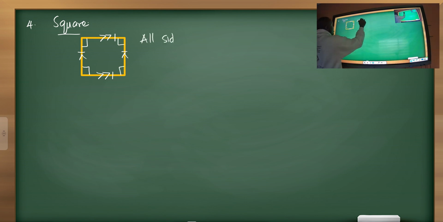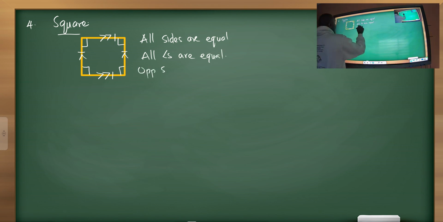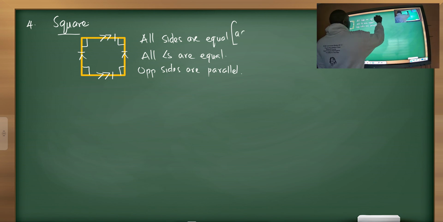So all sides are equal. All angles are also equal. All right. And don't forget, opposite sides are parallel. Okay, in this case we can actually refer to them as adjacent sides as well. Adjacent sides are equal.